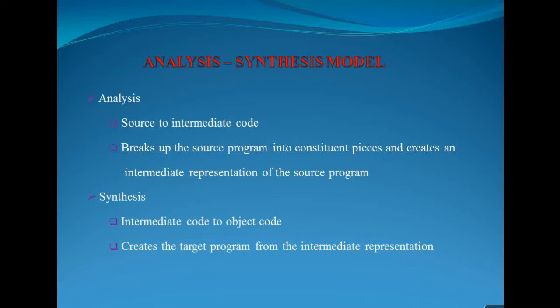The analysis phase takes the source language to intermediate code. During this stage, the source program will be divided into pieces of code, and an intermediate representation is created for the source code. That is, the source program will be split into identifiers in consecutive pieces, and an intermediate representation is created for those identifiers. For example, take a = b + c - 50 as a source program.